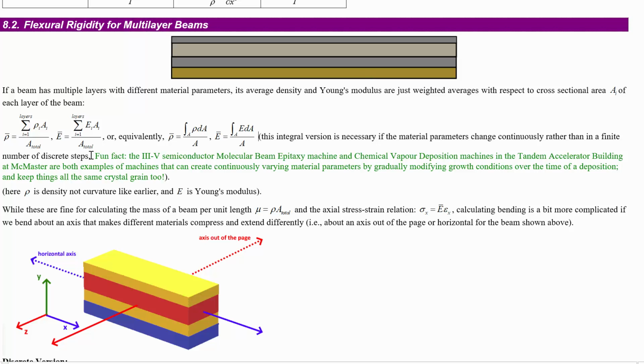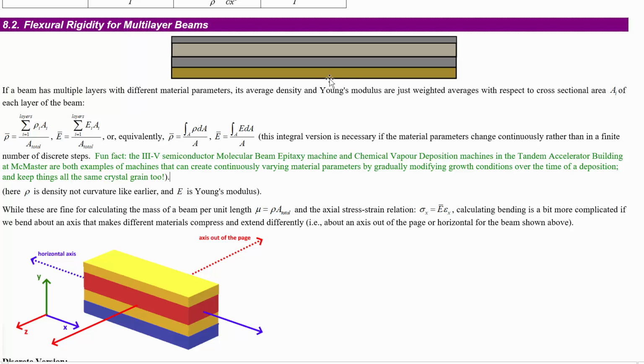You can get that, as a fun fact, in the 3.5 semiconductor molecular beam epitaxy machine, or the chemical vapor deposition machines in the tandem accelerator building here at McMaster. These can continually grow single crystal materials that have continually varying parameters.